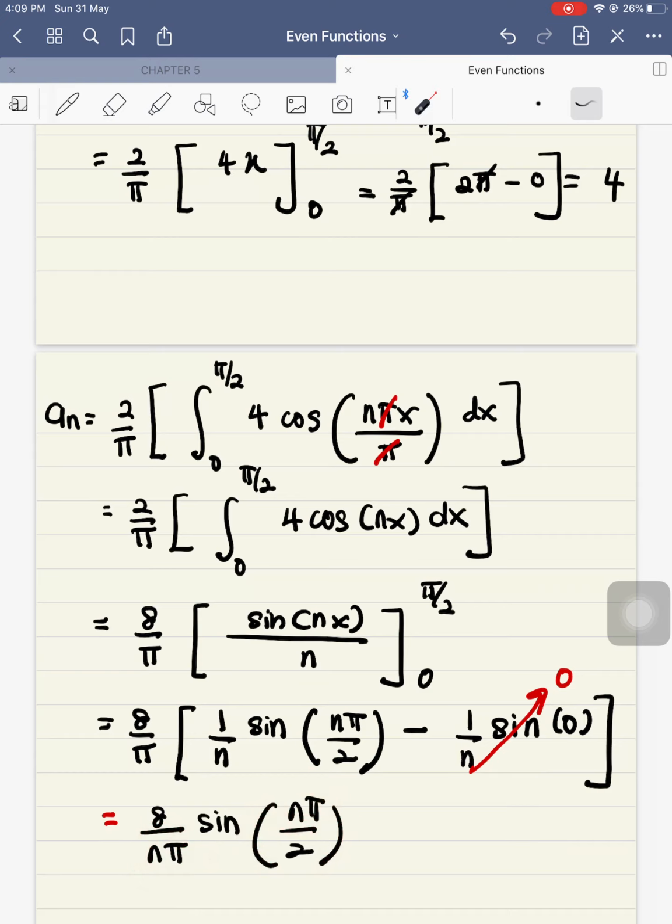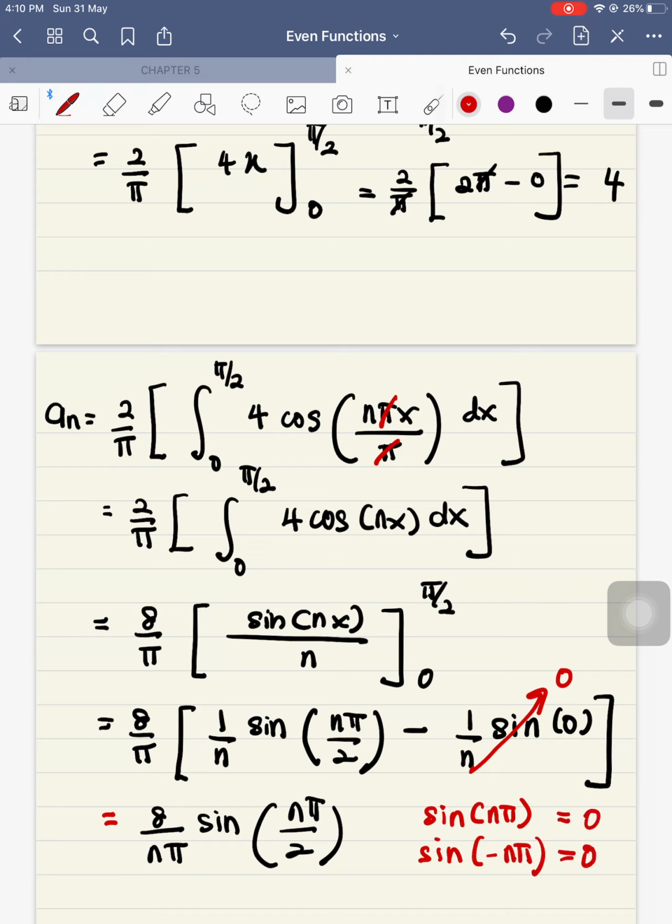Because this is in bracket. Okay, so can you simplify this one so that it becomes 0? Cannot. Okay, it will just be 0 if you have sine n pi or sine of negative n pi. This one is equal to 0. So if you have n pi over 2, then leave it as n pi over 2.